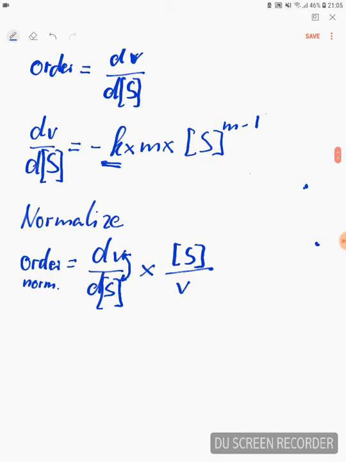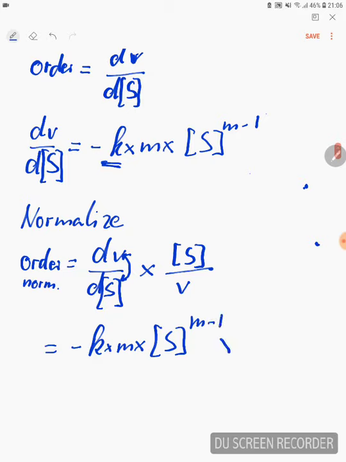So let's see what we get. For the normalized order, we then would get what we just did here, minus K times M times S to the power of M minus 1.